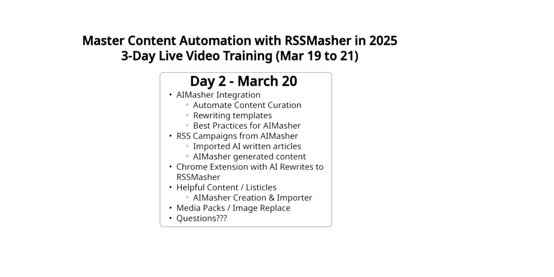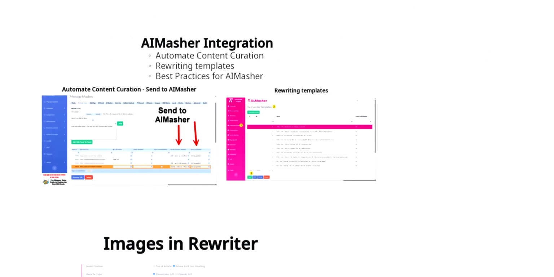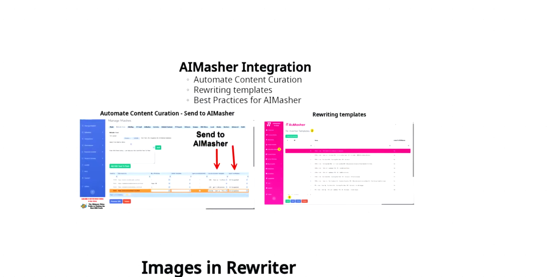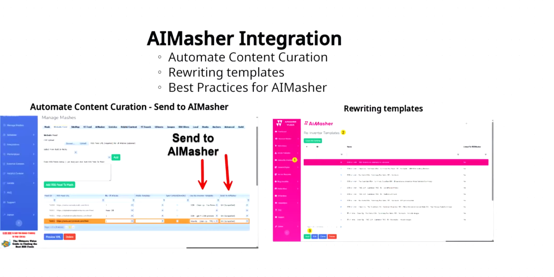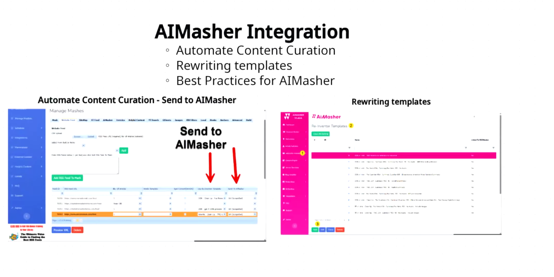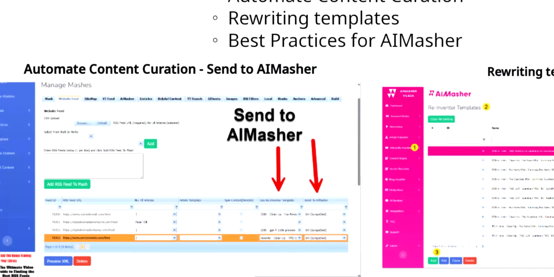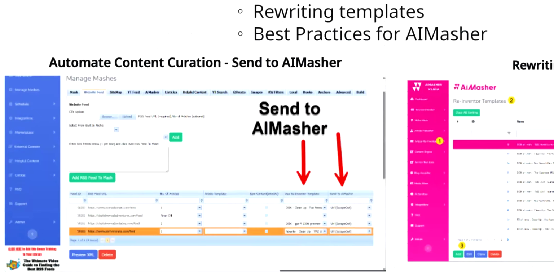Okay. So let's talk about AIMasher integration. We talked about this yesterday, and this is primarily to find an RSS feed that you want to rewrite. I know this is kind of blurry, but we use these 2 columns over here, and they do mean something. These are rewriting templates, and you create your rewriting templates inside of AIMasher.